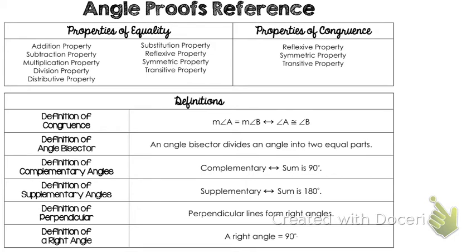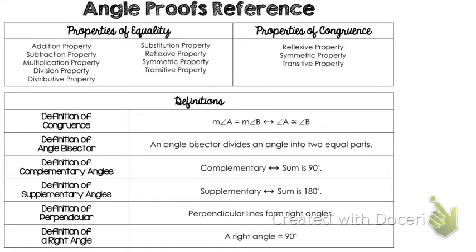Definition of angle bisector. What's an angle bisector do? Do you guys remember that back from chapter 1? An angle bisector. What's the prefix bi mean? Two. And sector kind of looks like sections. So it cuts it into two sections, two equal sections. So an angle bisector divides an angle into two equal parts. Could you kind of use this word to help you remember what it does?